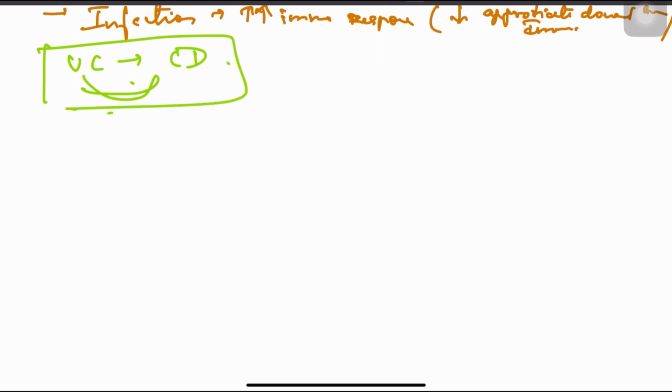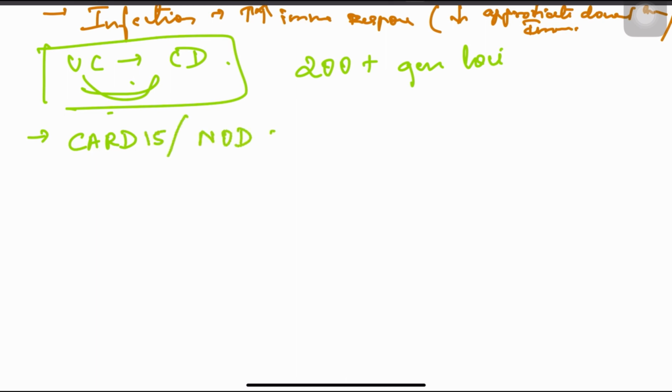It's usually polygenic, with 200 plus gene loci associated with the etiology, and some mutations like CARD15 or NOD2 gene mutations can cause inflammatory bowel diseases.